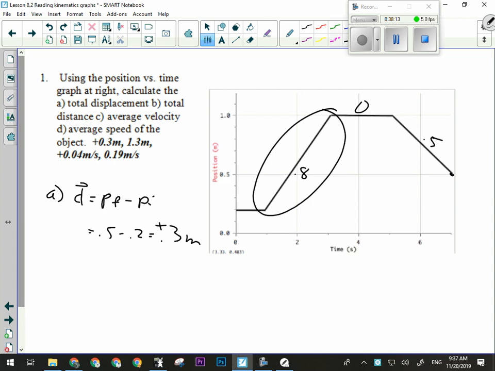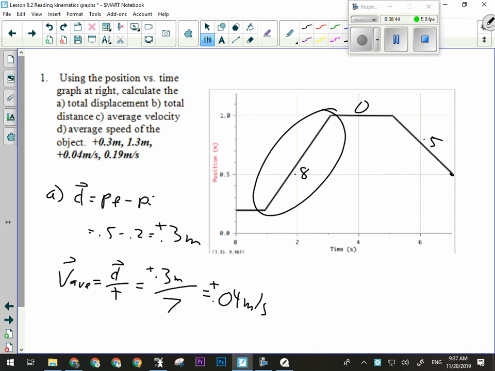All right, average velocity and average speed. Well, I just calculated the two things I need to get average velocity and average speed. Average velocity is total displacement, which I just calculated, divided by time, which I can read off the graph. So my total displacement was positive 0.3 meters divided by, how long does this graph take? 7 seconds. When I do that, I should get 0.04 meters per second, and it's positive.